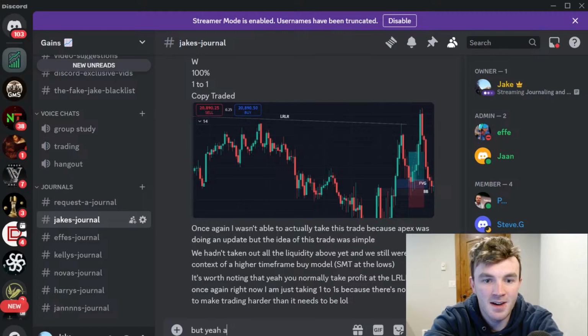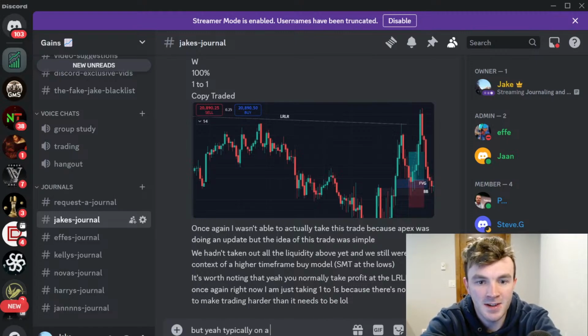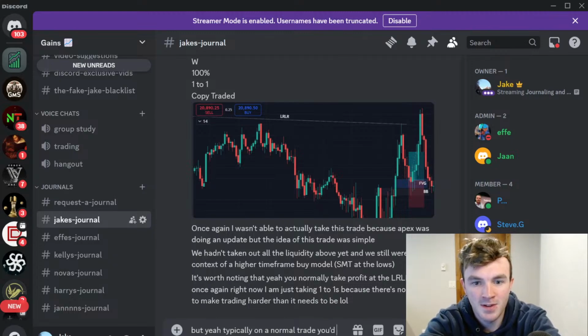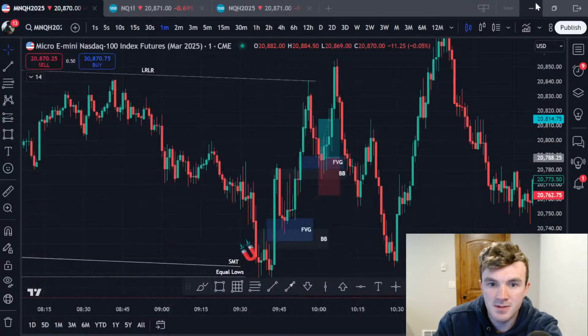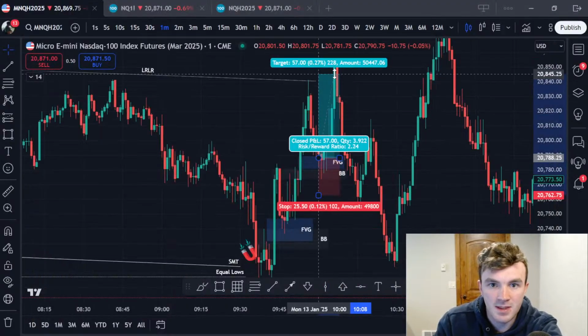But typically, on a normal trade, you'd take all off at the LR here, like this.